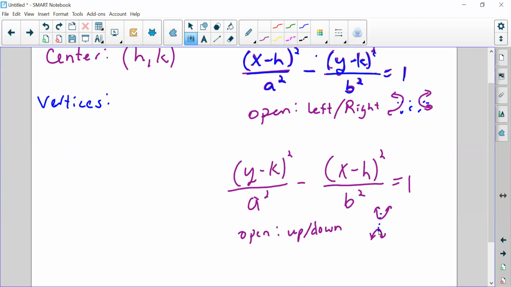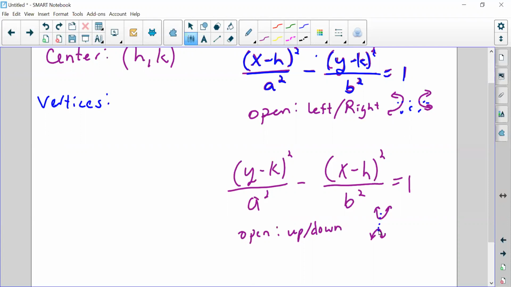If it's opening left and right, our x's change, but our y's stay the same. But if it opens up and down, our x's stay the same, and our y's change.